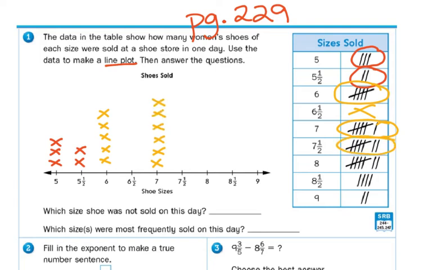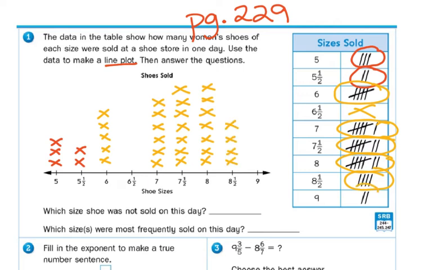Size 7.5 had 7. Size 8 had 7. Size 8.5 had 4. And size 9 had 2.